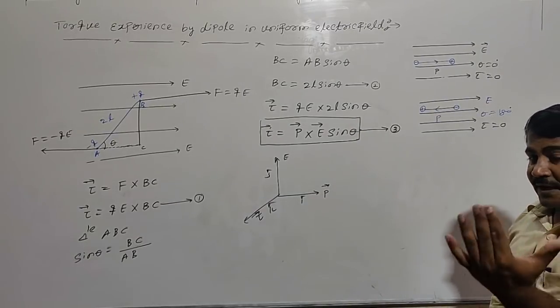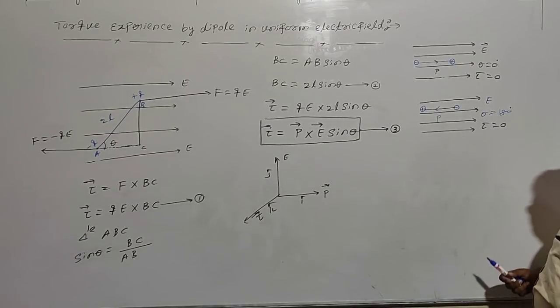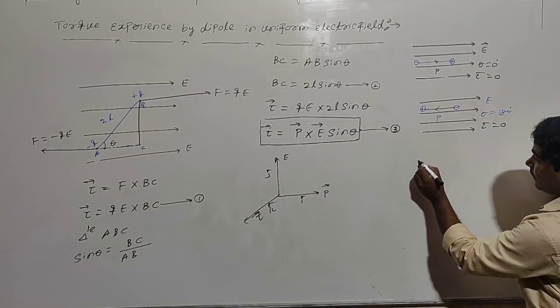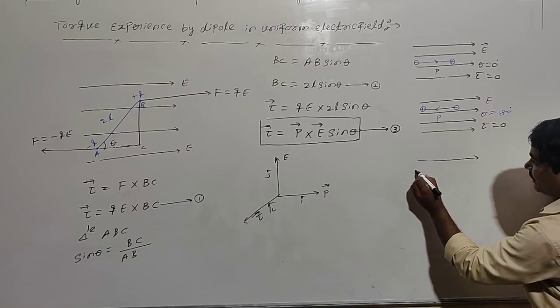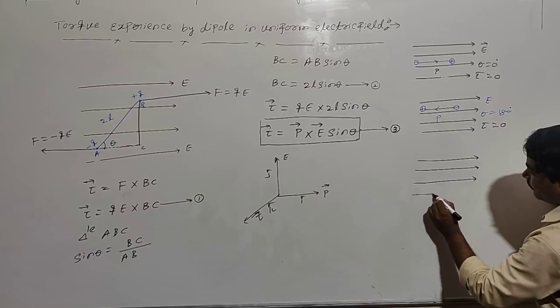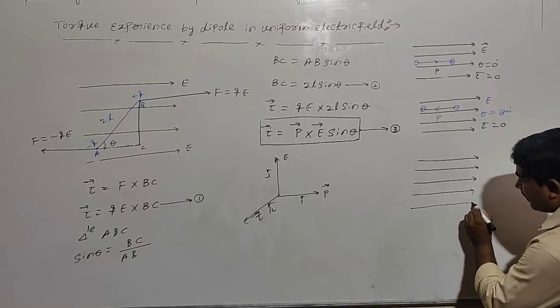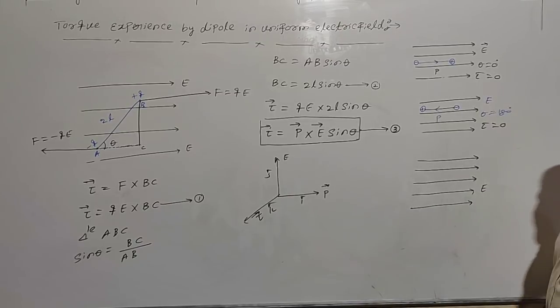Then I want to place a dipole in one more situation. This is the uniform electric field intensity, by this magnitude.